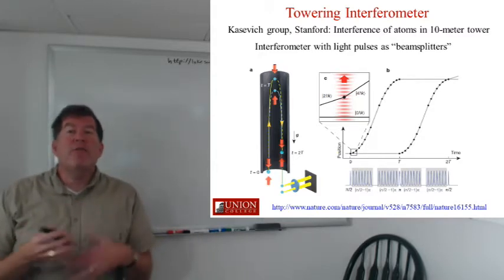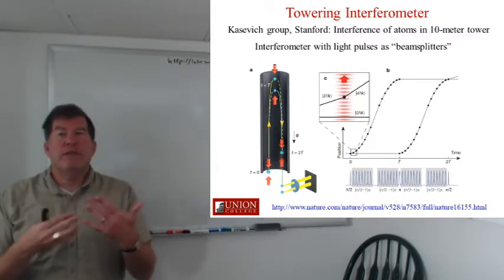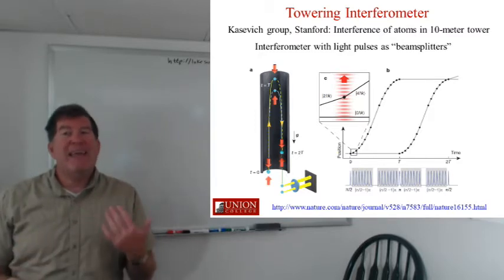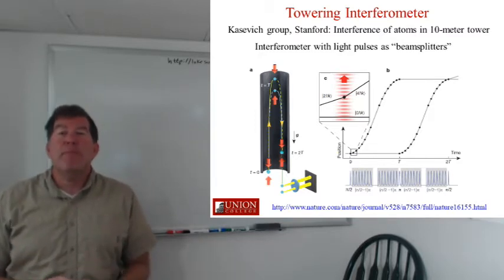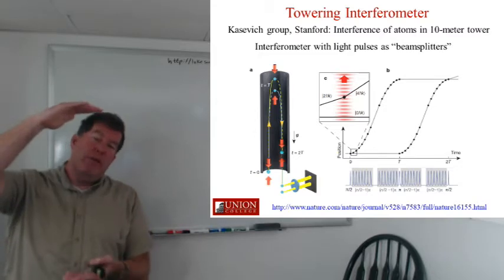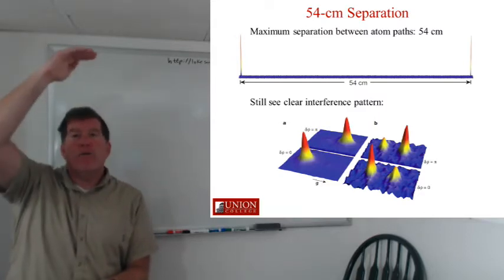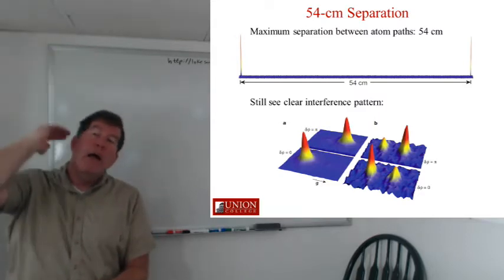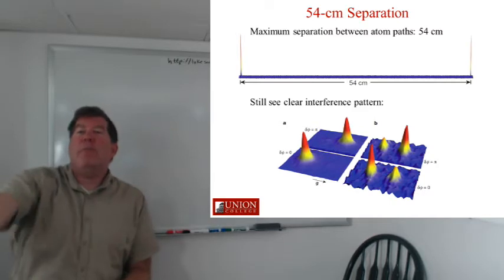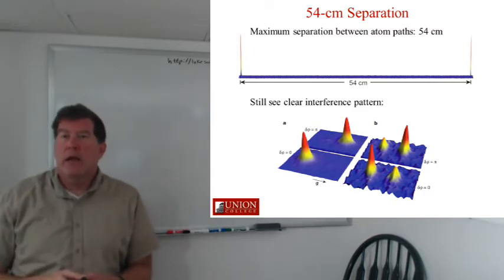And when they do that, they can do a thing as they launch the atoms that splits them into two groups, right? And they can end up with those two groups of atoms separated by 54 centimeters, half a meter, right? So it's a big enough space between the group that goes higher and the group that doesn't go quite as high that you could pass your hand through it easily, right?